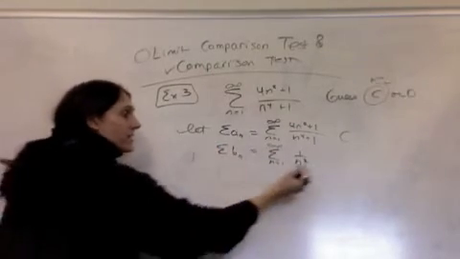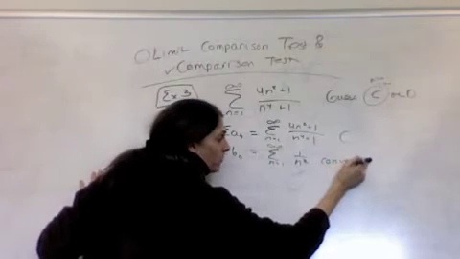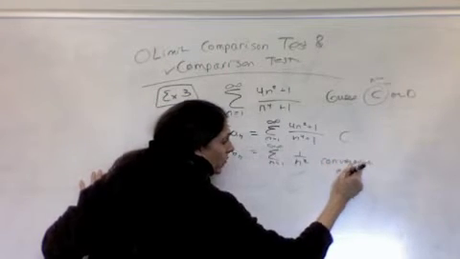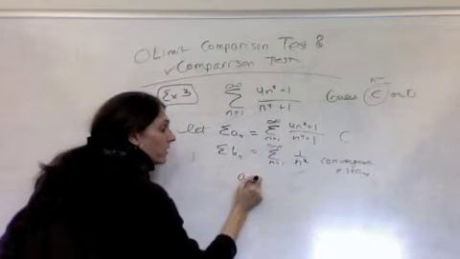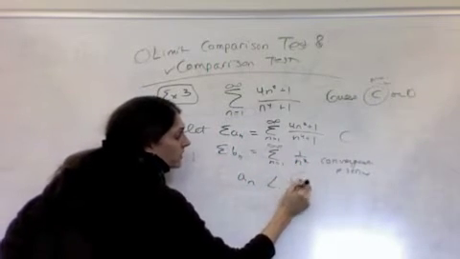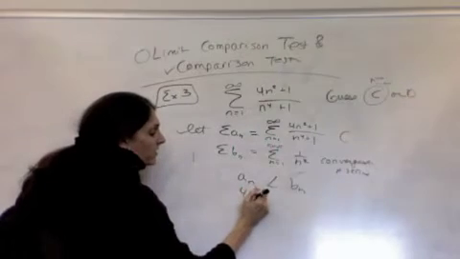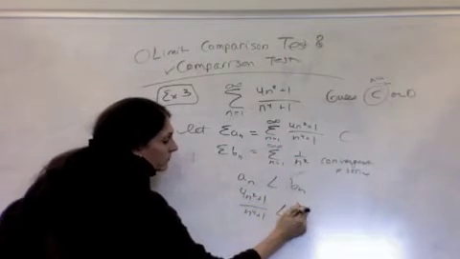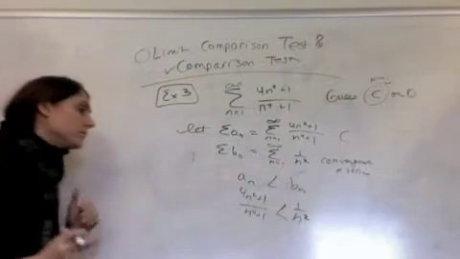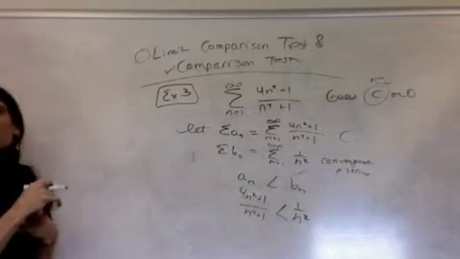Yeah, so this is a known convergent p-series. What I need to show is that all these values have to be smaller than all these terms. So does that work? It's not going to work.